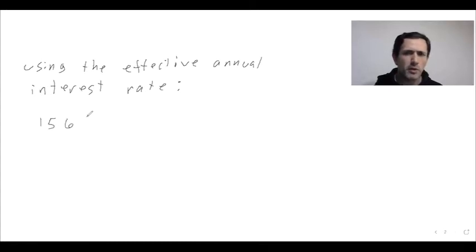The present value of 2,000, which we know is 1568, is given by 2,000 times 1 over (1 plus i) to the 5th. So you just solve for i.